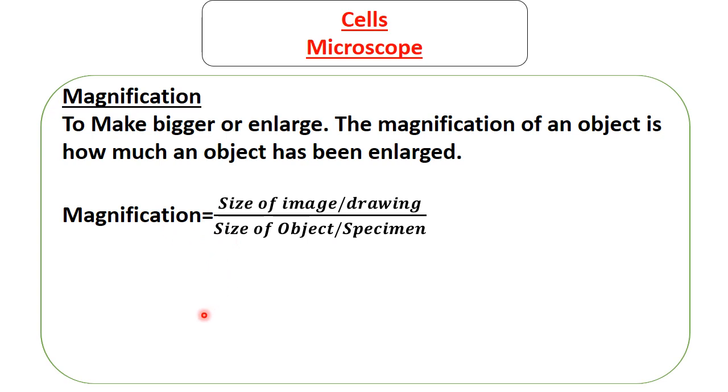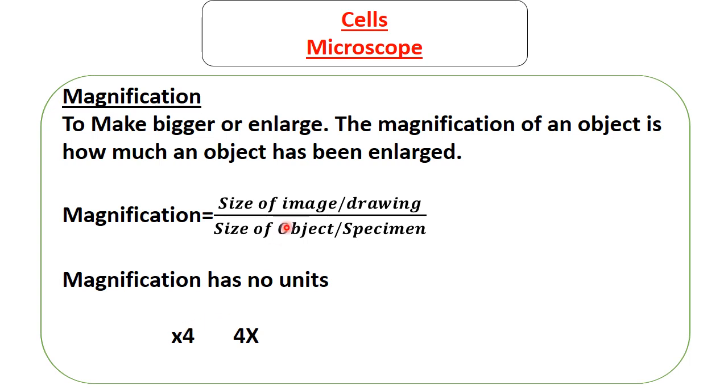Magnification has no units. So if, for example, whatever I've drawn is 2 centimeters or 2 millimeters, it doesn't mean that when calculating magnification, whatever number you get will have millimeters or centimeters at the end. We write magnification like this, by 4 or 4 by.